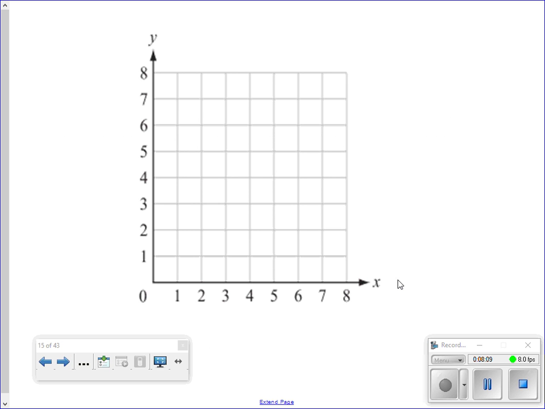A coordinate plane looks like this, x, y, and every point on here is an ordered pair. So for example, this point right here would be (2, 3). We always say our x coordinate first and then our y coordinate.